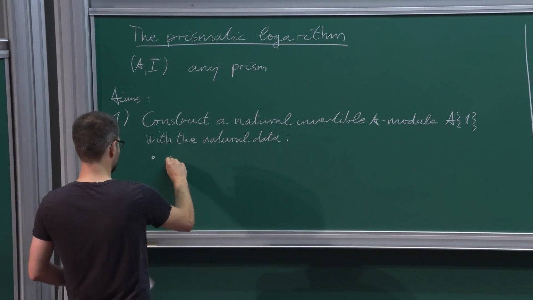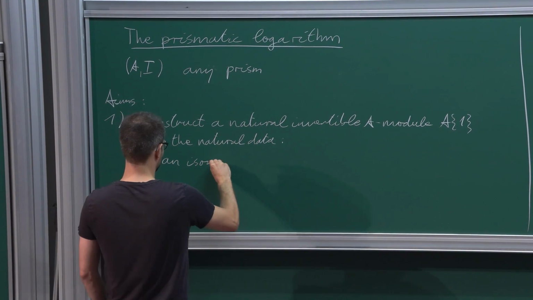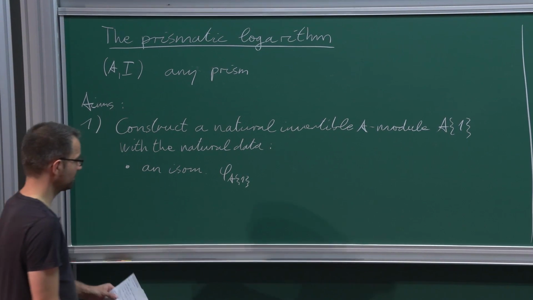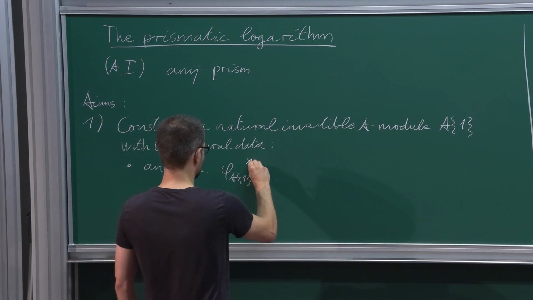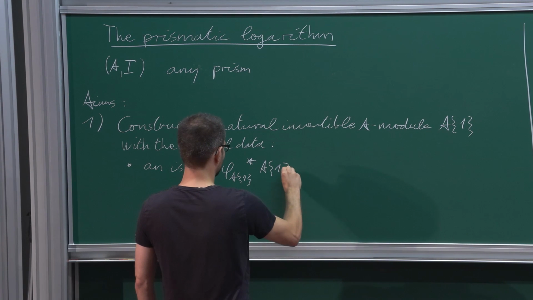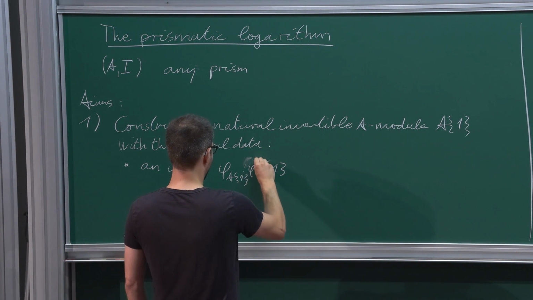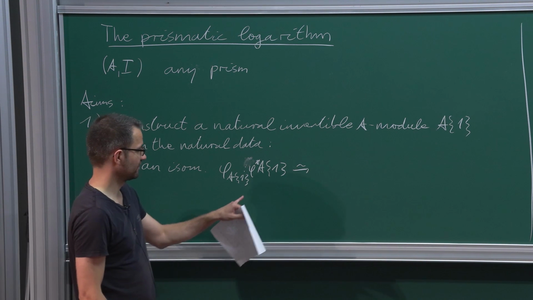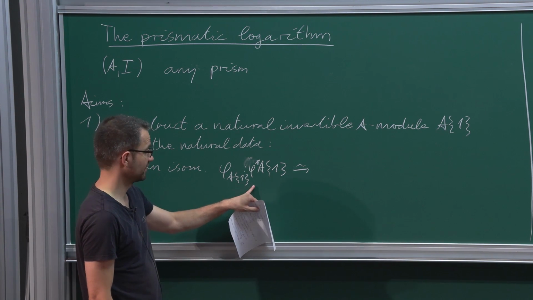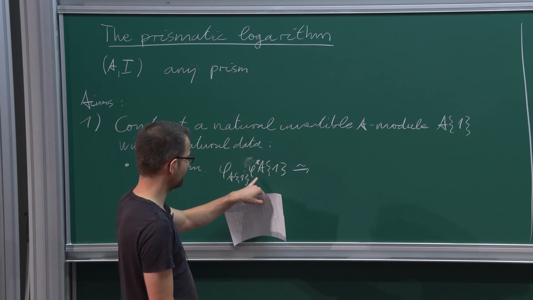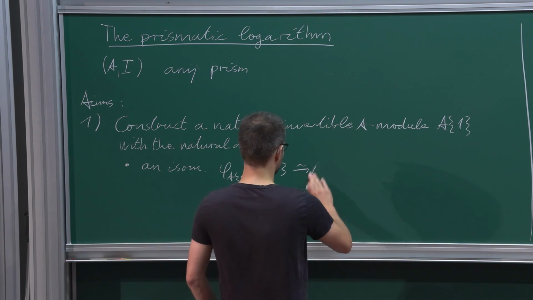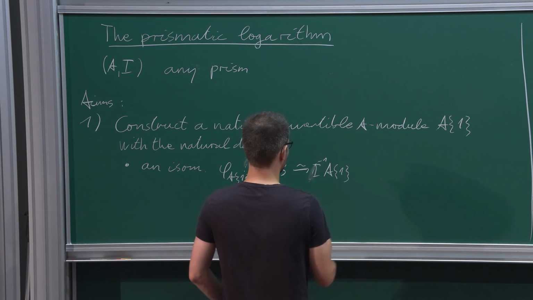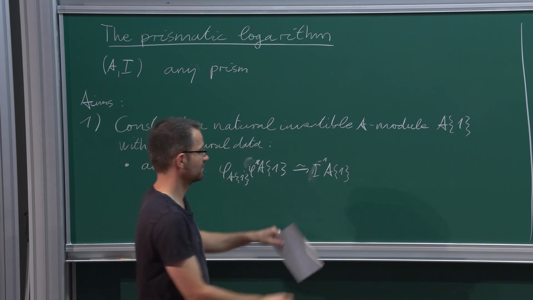So the first is an isomorphism phi of A{1}, twist of it, so we want this guy to come with some semi-linear Frobenius, so an isomorphism from phi upper star of it to not itself but to I inverse times A{1}.